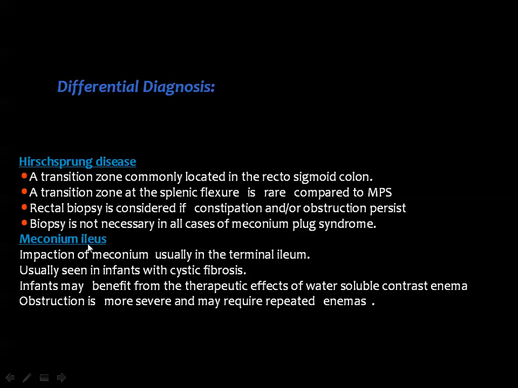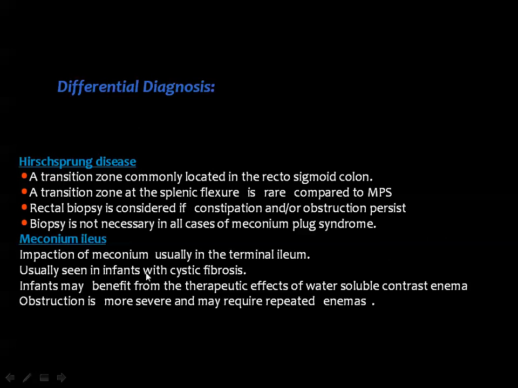Then meconium ileus is quite different from meconium plug syndrome, because meconium ileus is the impaction of meconium in the terminal ileum, and the whole colon is a small unused colon. But in small left colon syndrome, the meconium is inspissated in the distal part of the descending colon and the sigmoid colon.